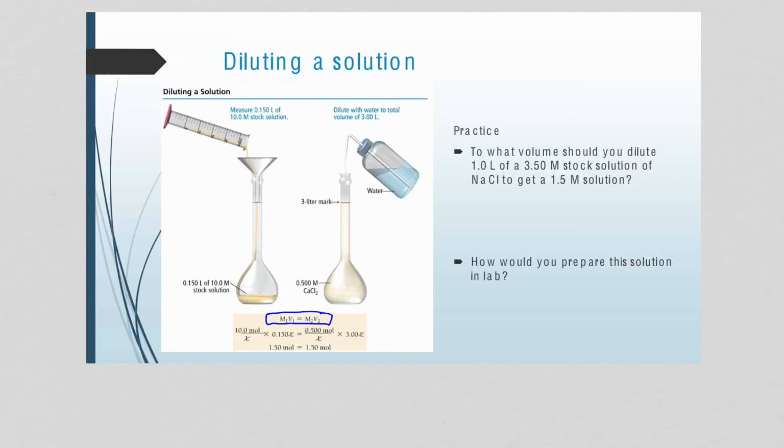That's what's sometimes called a stock solution, our one solution, if you will. And we're going to try to target a 3-liter solution so that we can make a 0.5 molar solution. So we need to add enough water to bring this up to 3 liters.